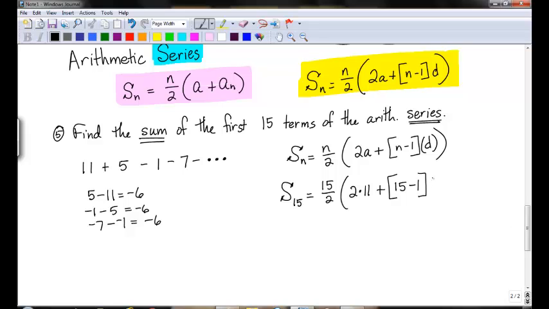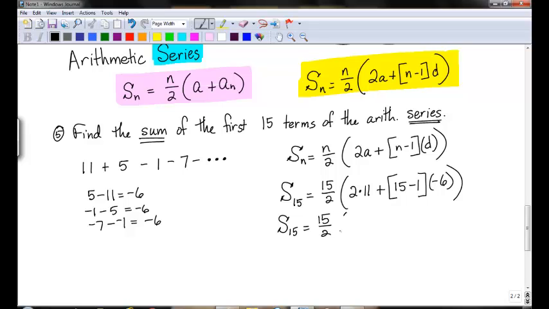Now, if I don't put that d in parentheses, look at what it looks like. It looks like subtraction. So put it in parentheses. Do not mess with that fraction until the very end. Leave that 15 halves out there.